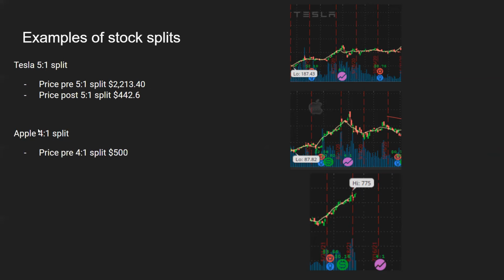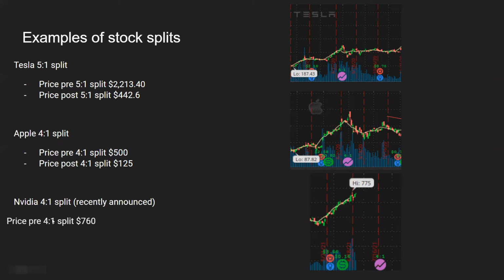With the Apple 4-to-1 split, pre-split each share was trading at $500, but the next day, it's a 4-to-1 split, so 500 divided by 4, each share is now worth $125. If you had one share of Apple pre-split, that share was worth $500, but post-split you have 4 shares, and those 4 shares add up to the price of the one share a day prior. So one share at 500 turns into 4 shares at 125. 4 times 125 is 500. It's the same. The value does not change.